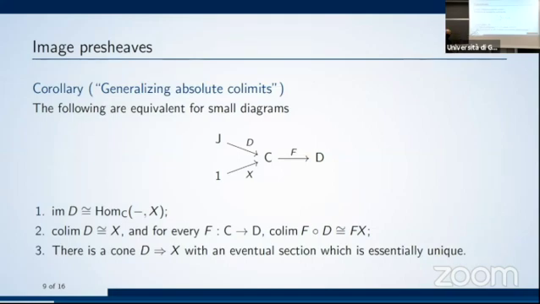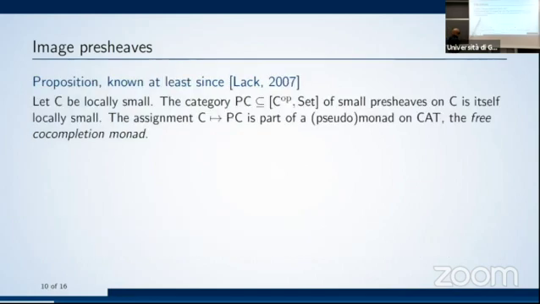Okay, so small presheaves, the ones that arise in this way, form a locally small category. Again, we have an endofunctor, and this endofunctor is part of a pseudomonad, which is a free co-completion monad. I mean, a 2-monad, of course, a pseudomonad. So again, let me stress, it's not a relative monad.